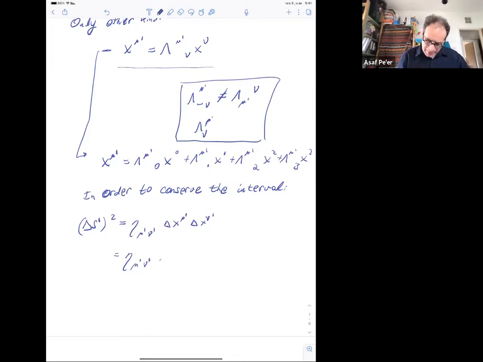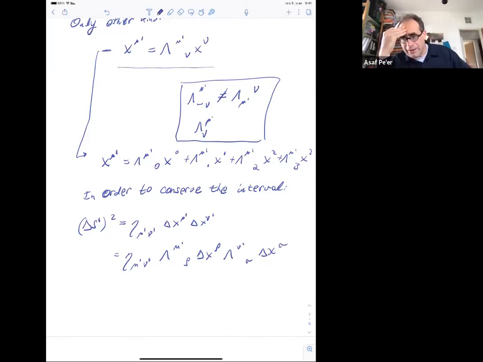I'll write this as lambda mu prime rho, picking your favorite Greek letter, rho, delta X rho. And then the same for nu prime. So delta x nu prime, I'll write as lambda nu prime sigma, delta x sigma again. It's just a dummy index. You can choose any other letter here, but it's not primed.